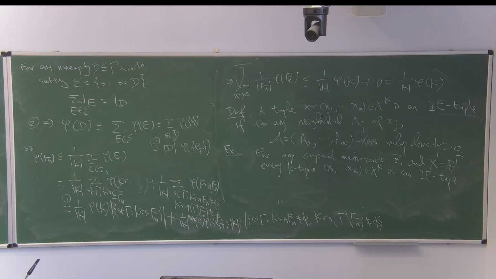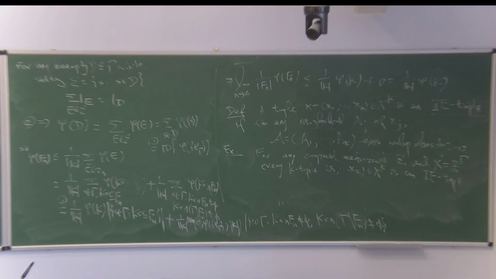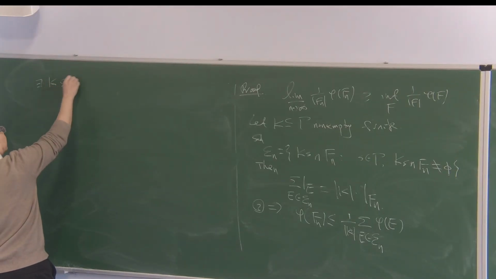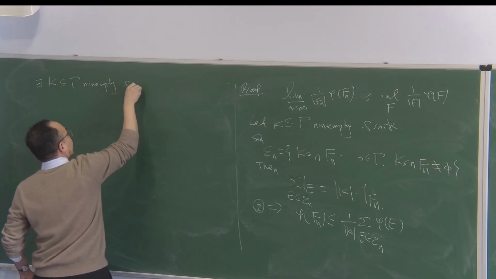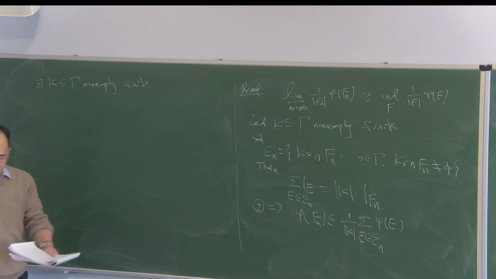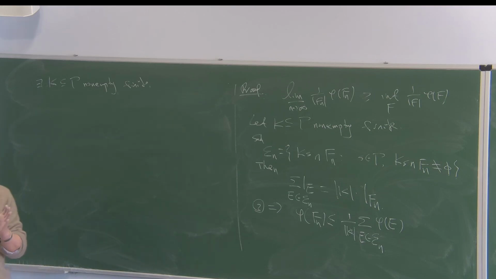Given neighborhoods A1 until Ak, one can easily find a finite set K. We know that you can shrink each to be an open neighborhood, so you can see it at finitely many coordinates already.